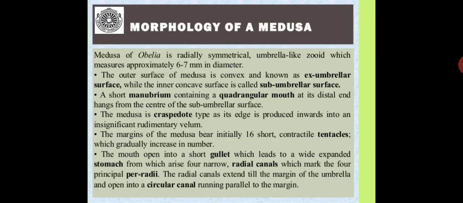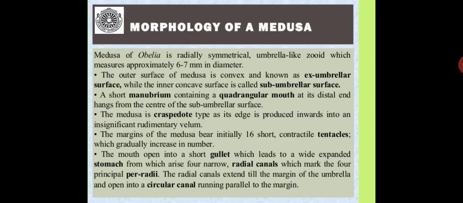Morphology of a medusa. The medusa of Obelia is a radially symmetrical, umbrella-like zooid which measures approximately 6 to 7 mm in diameter. The outer surface of the medusa is convex and known as the exumbrellar surface, while the inner concave surface is called the subumbrellar surface.